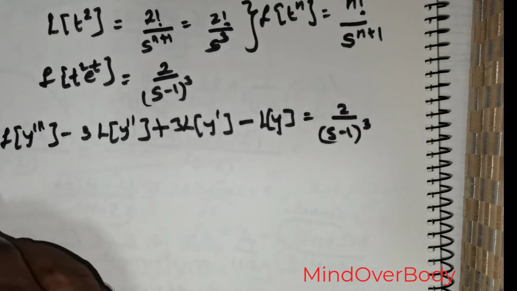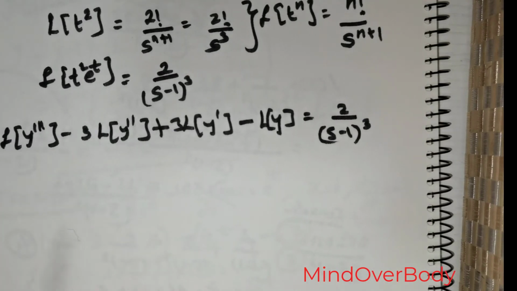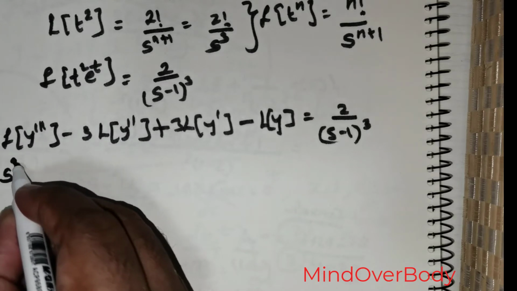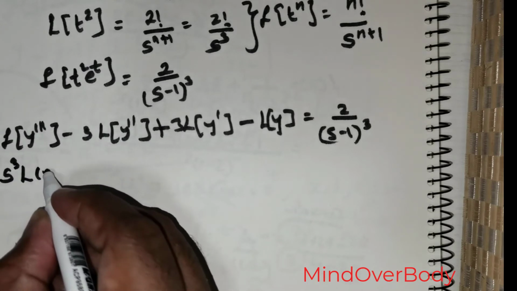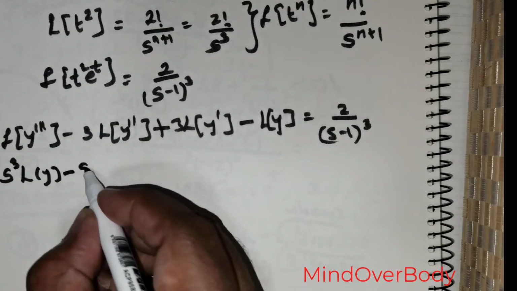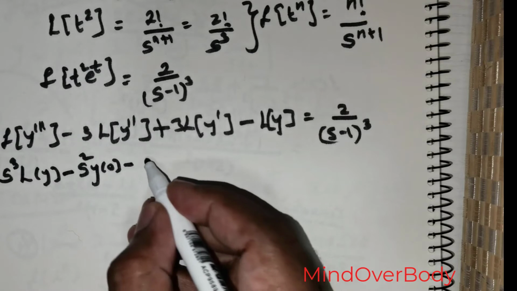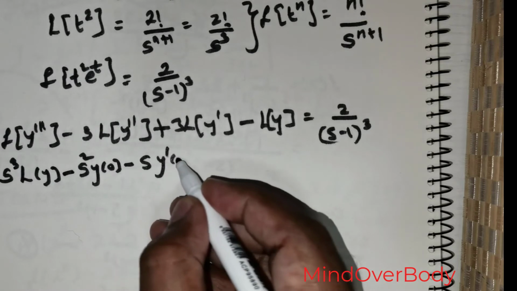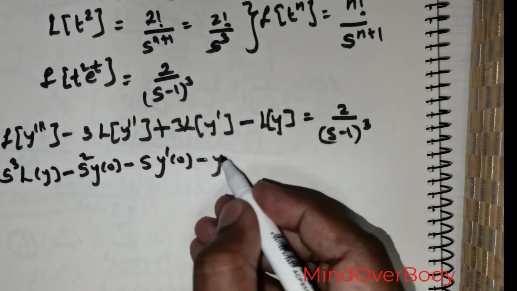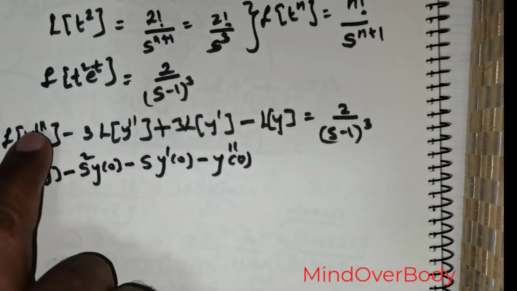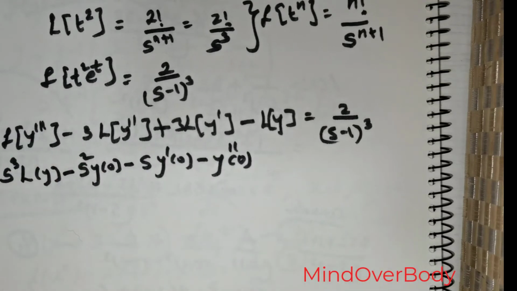If we use the formula for L of y triple dash, which we already know, it's going to be s raised to the power of 3 times the Laplace transform of y, minus s squared times y of 0, of course the degree is 2 here, followed by minus s times y dash of 0, minus y double dash of 0. This entire thing is for L of y triple dash.